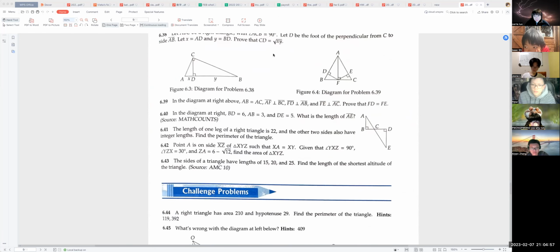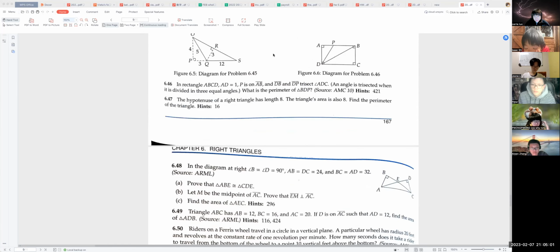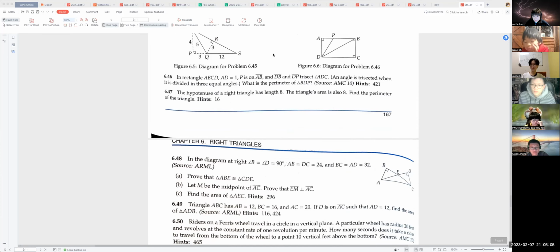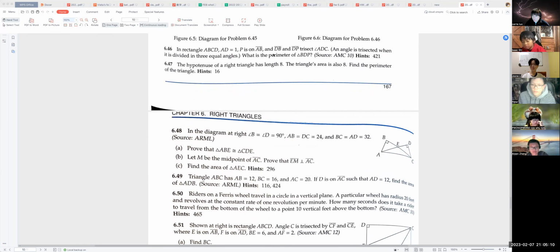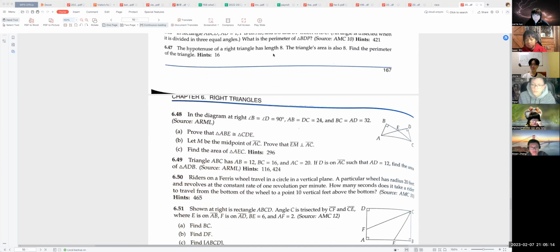So I think the harder question will be the challenge problem. I think last week we did very well because I sent the detailed answers for the homework, correct, everybody? So then I don't have to spend time explaining the questions in the homework.